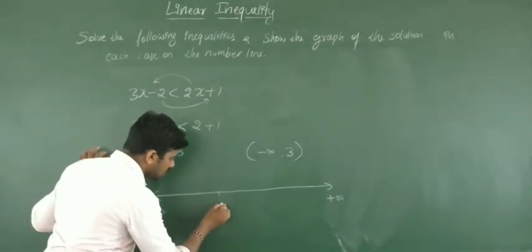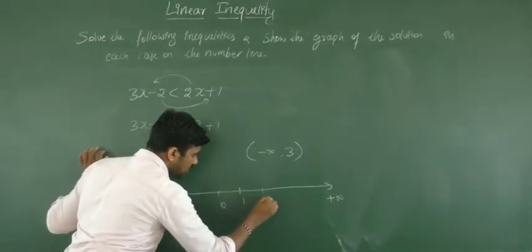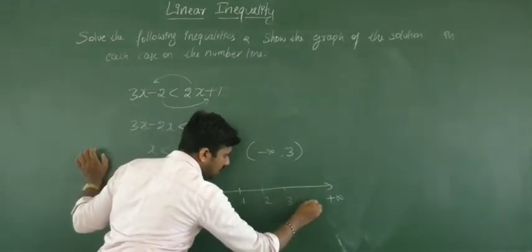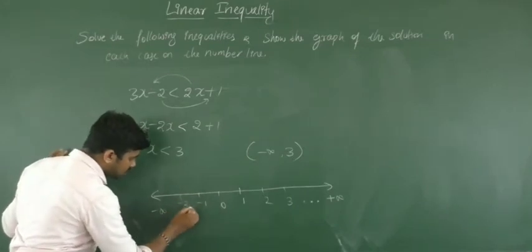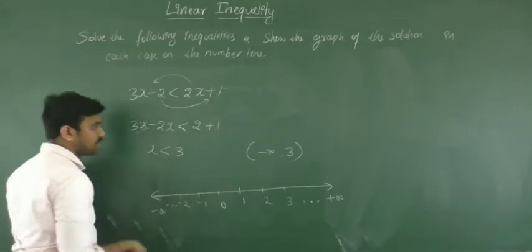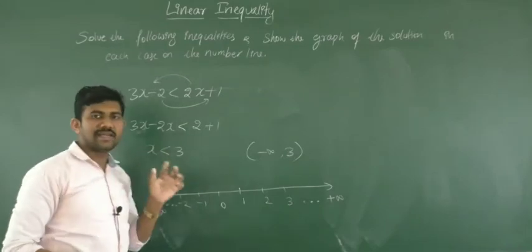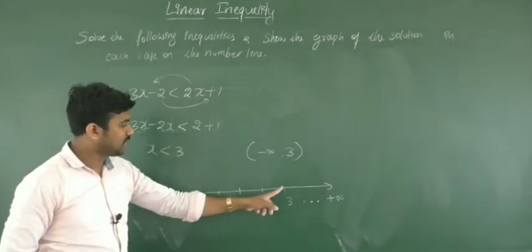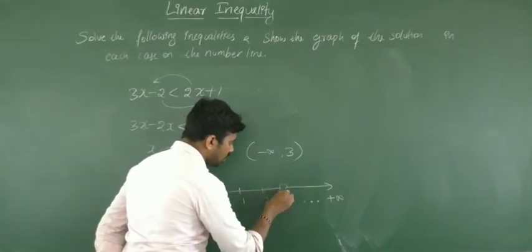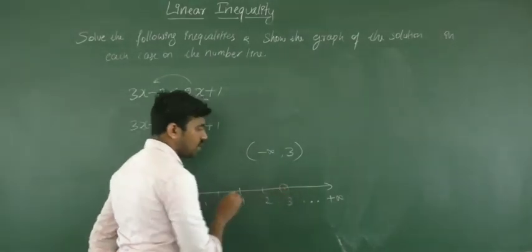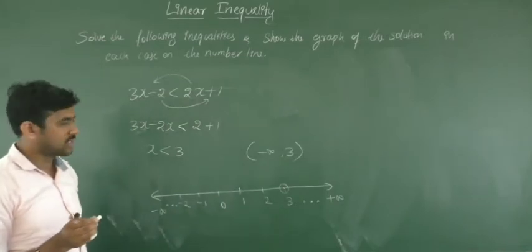So 0, 1, 2, 3. At least 3 points should be shown here. And here minus 1, minus 2 and decreases, right? Okay. Now since x is strictly less than 3, x cannot be equal to 3. So on the point 3 you have to draw an open circle.